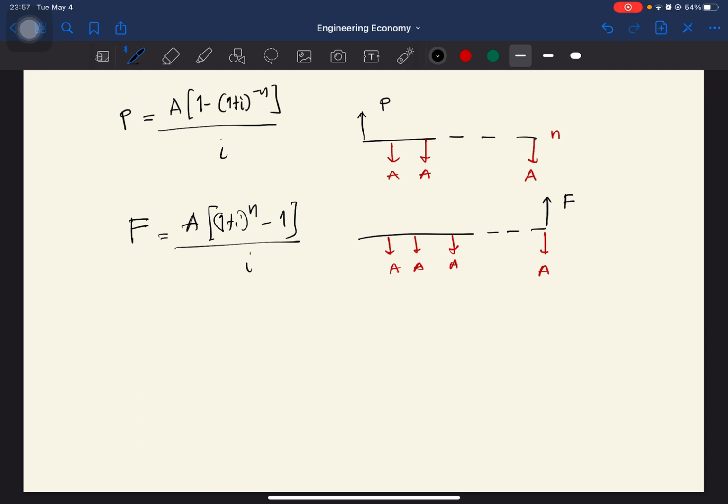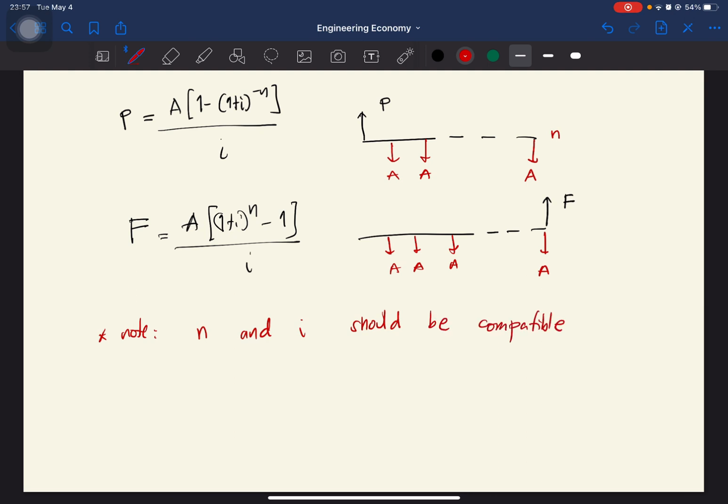Now, ang gusto kong ipaalala muna bago tayo solving is yung n at saka yung I. Take note that n and I should be expressed or should be compatible.